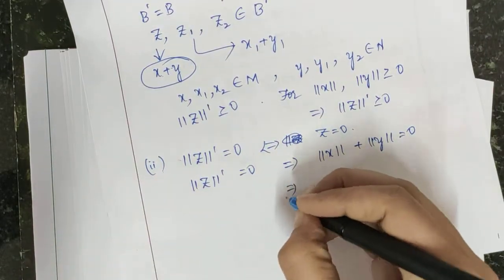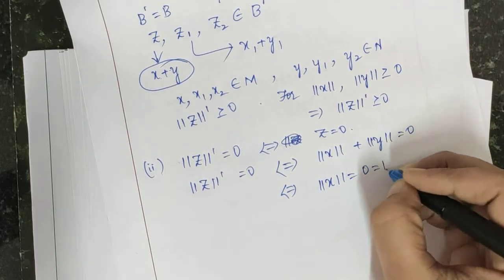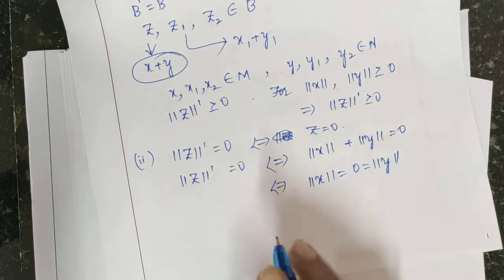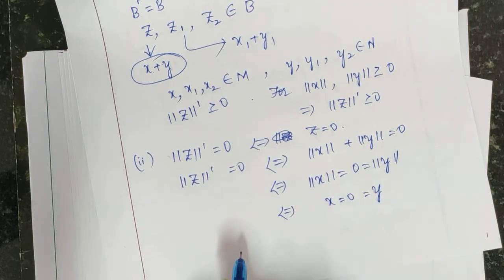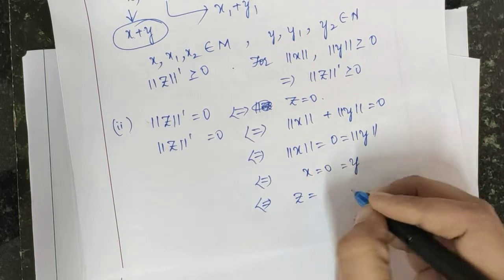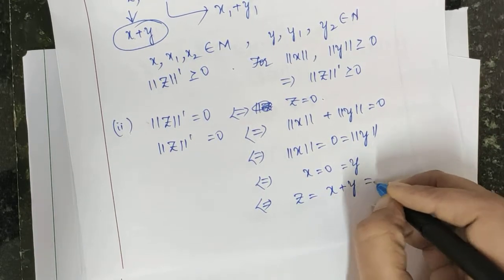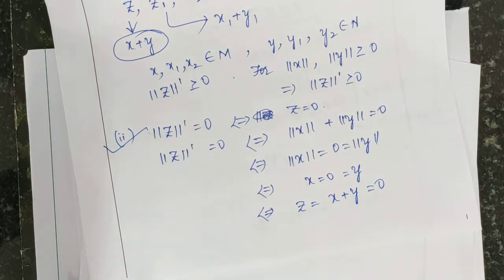So from this we can write that norm X and norm Y will be equal to 0. That is X is equal to 0 and Y is equal to 0. So from this I can say that Z is equal to X plus Y, which is equal to 0. So the second condition is also true.